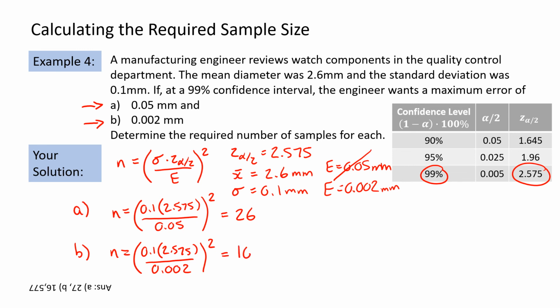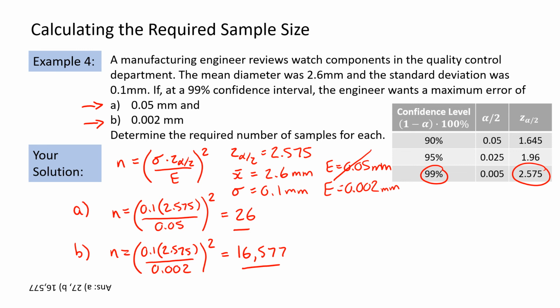Now, if you do that, you get 16,577 samples. So what you see is how exponentially that value grew. And you might start thinking, why do I need that many samples to get to that high of a tolerance? Maybe that's obviously not good enough, meaning our values could be all over the place up until that point.